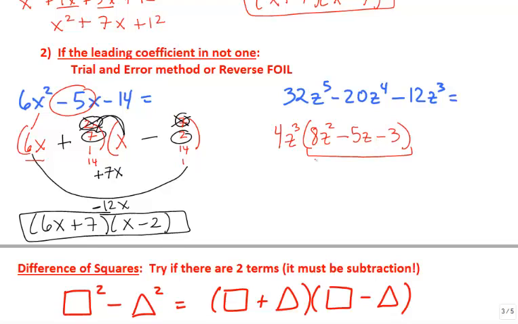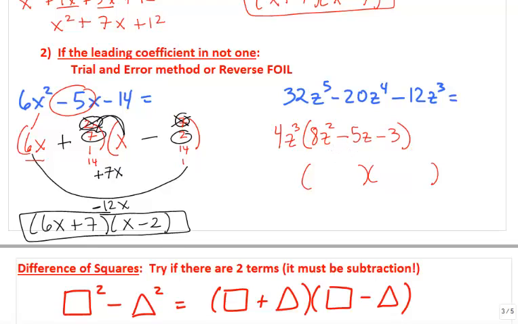So I'm going to put 2 sets of parentheses down, and what we have to figure out here is what could we multiply in the front to get an 8z squared, and what do we have to multiply in the back to get that 3, and what combination do we have to have so that the middle term ends up being a negative 5.